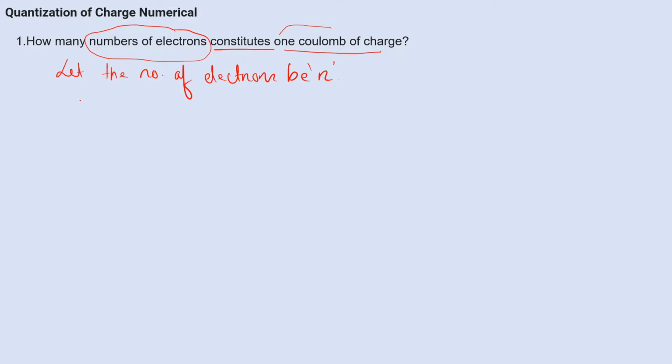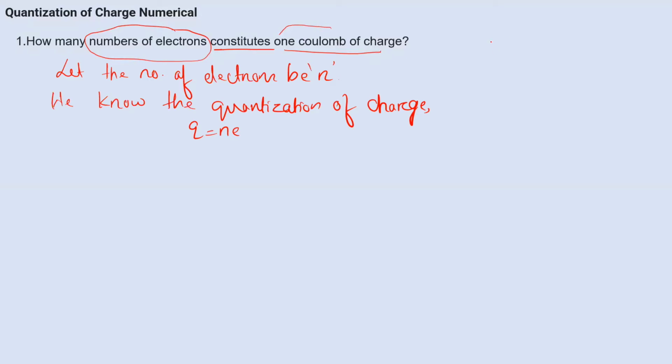And we know the quantization of charge formula: the charge, denoted by small q, is equal to N e. So here Q is equal to N e.